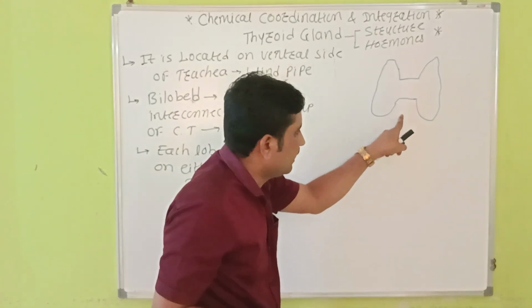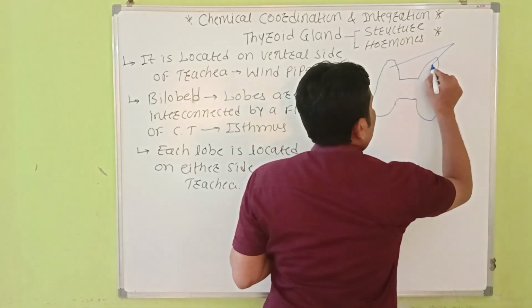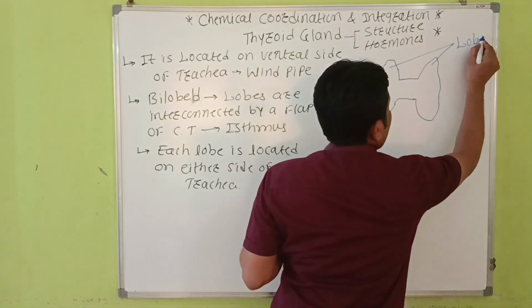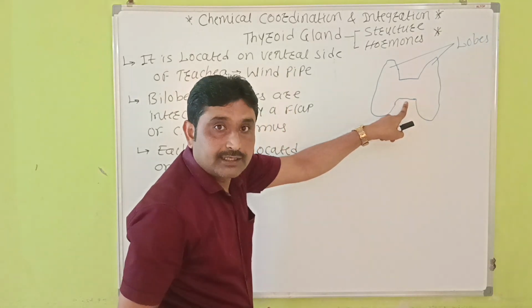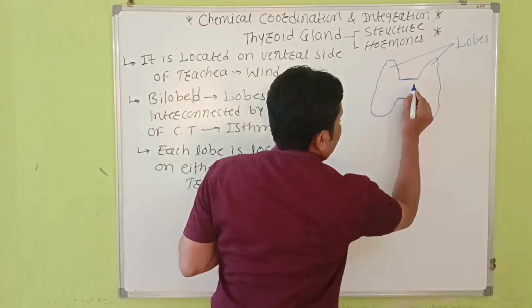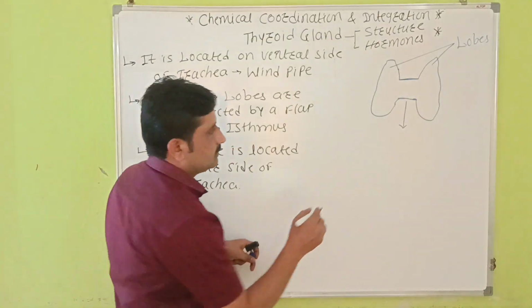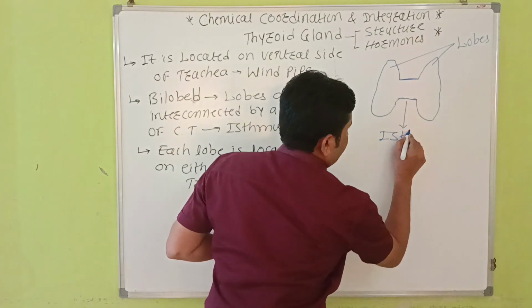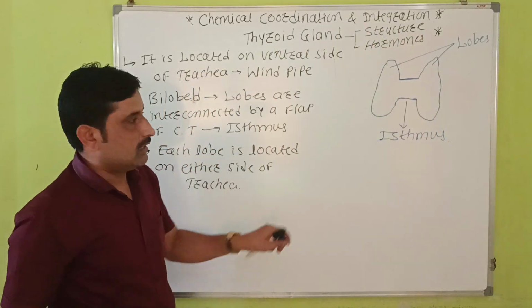So बीच में से ट्रकिया है, एक लोब, ये दूसरा लोब. तो इसको लेबल करूंगा, these are the two lobes. And मैंने कहा कि these two lobes are interconnected by a flap of connective tissue. This, and उसे लेबल करूंगा flap of connective tissue, and that is isthmus. So this is structure of thyroid gland.